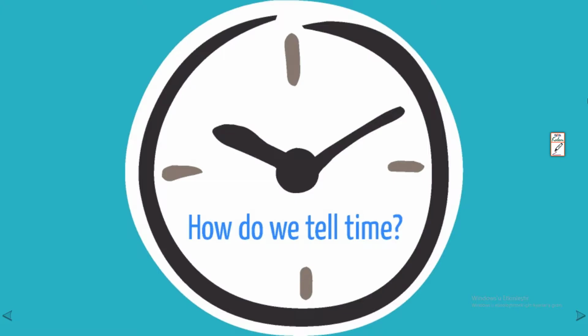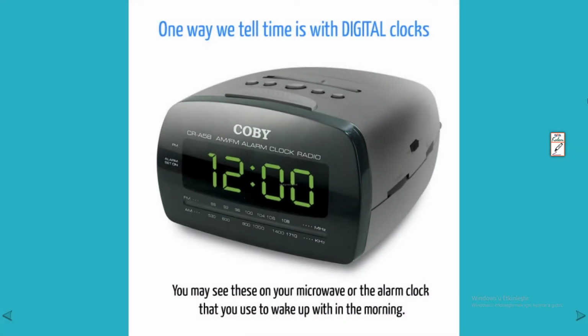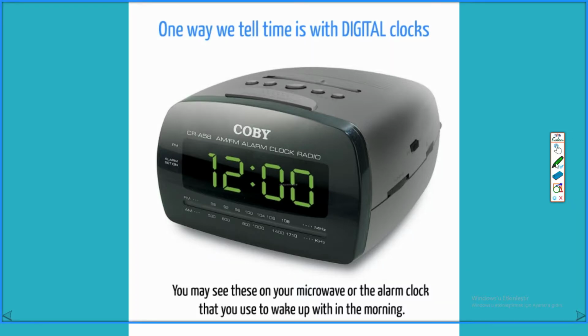How do we tell the time, guys? The first question is, how do we tell the time? One way we tell the time is with digital clocks. For example, it's a digital clock.